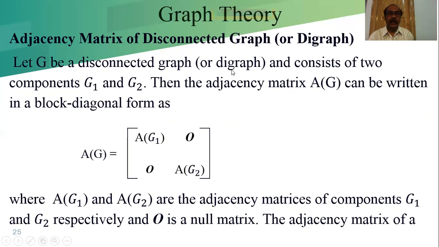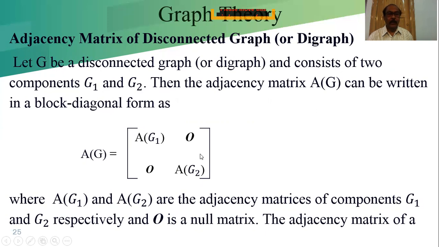Let G be a disconnected graph or digraph consisting of two components, G1 and G2. Then the adjacency matrix AG can be written in block diagonal form, where AG1 is the adjacency matrix of the graph G1, and AG2 is the adjacency matrix of the graph G2.